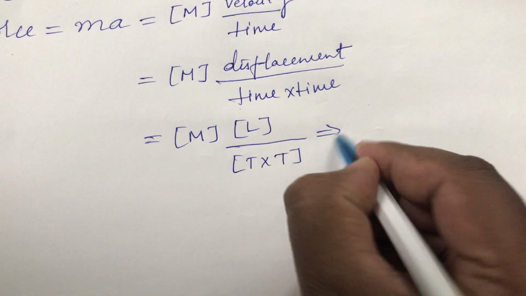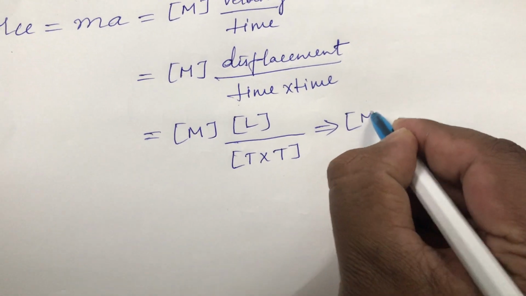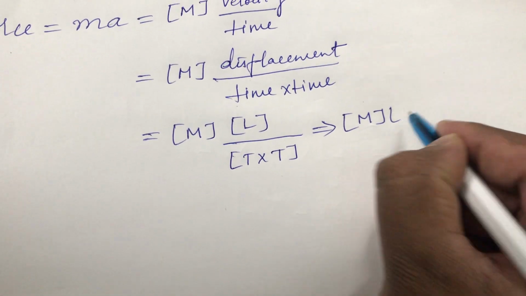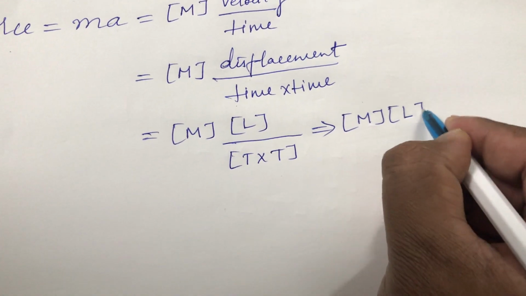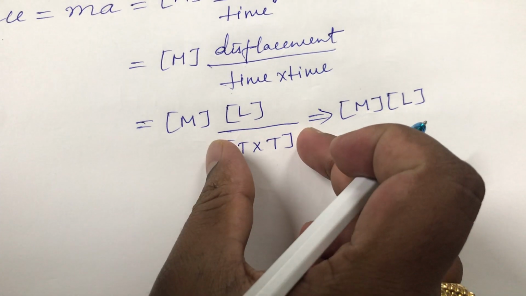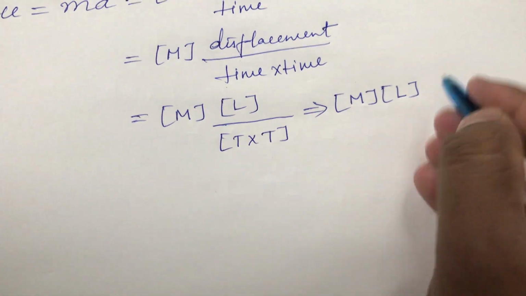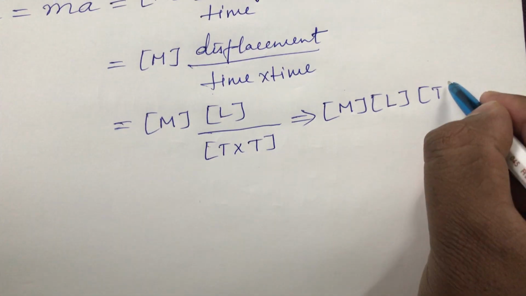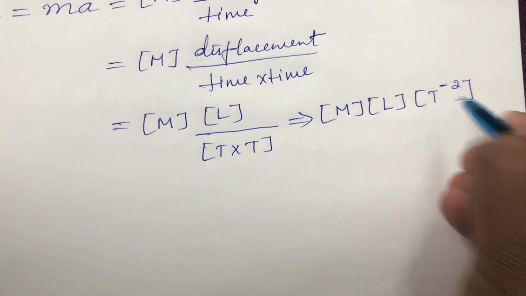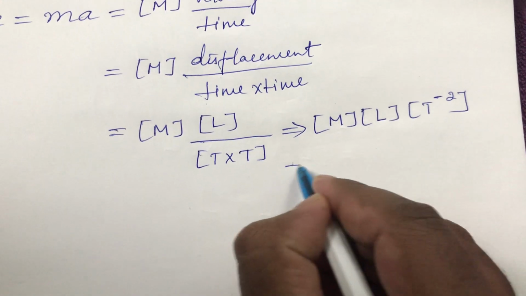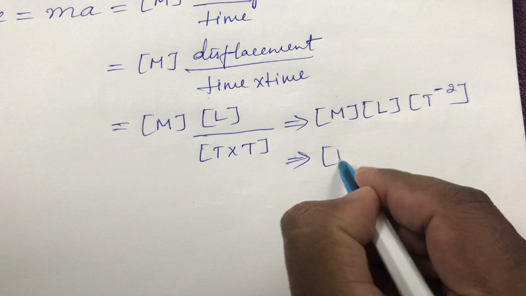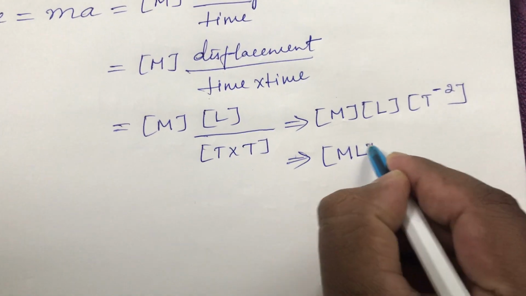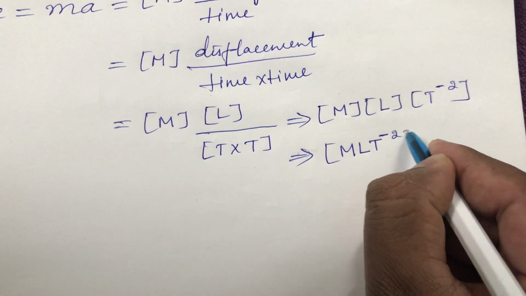So now when this writes m, l, and these two t's will be multiplied with each other and it will become t square, and when it comes up it will become t to the power minus 2. Right, now all together I can write it as m l t to the power minus 2.